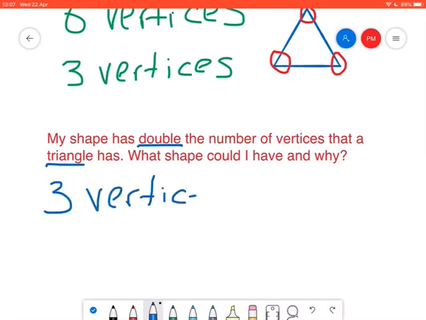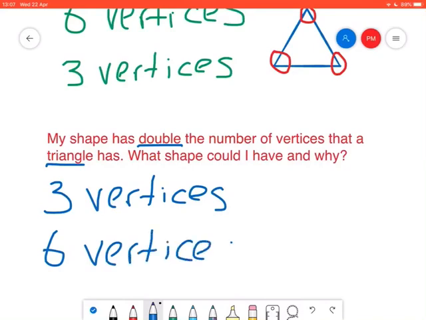So if we were to double something, we are going to add 3 and 3 together, or we are going to times it by 2. So 3 add 3 is 6, or 3 times 2 is 6. So we have got 6 vertices, which then will tell us that as from above, a hexagon is the answer to that question. So a hexagon has 6 vertices.